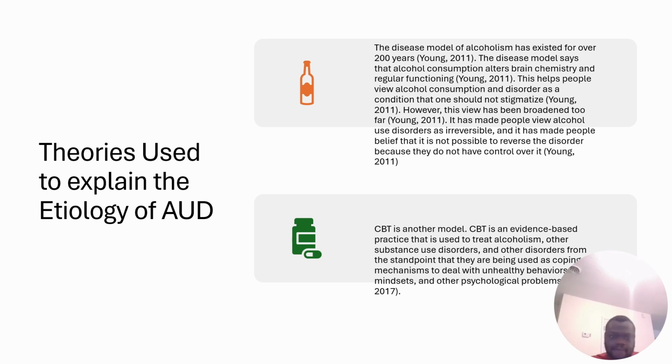So CBT explains that that's the cause of alcoholism, and of course there are other causes like genetics and other social and biological factors. But I just picked the disease model and then CBT.